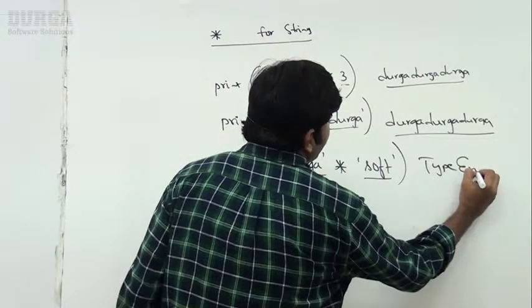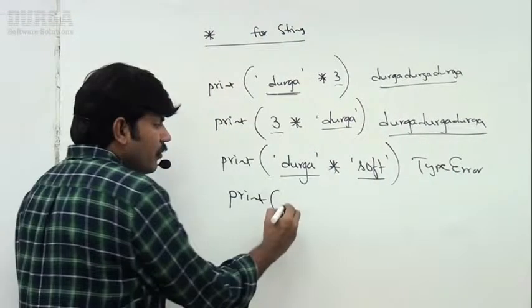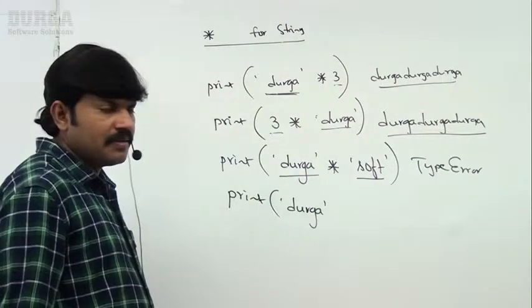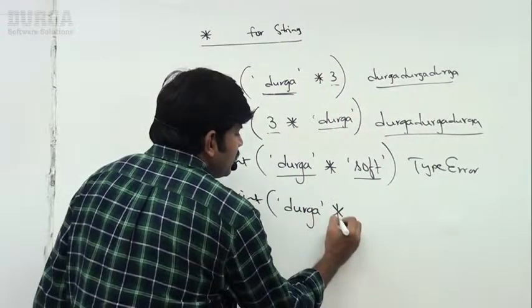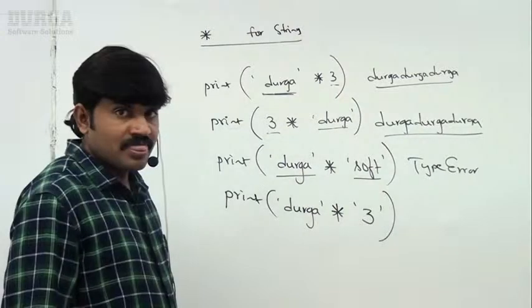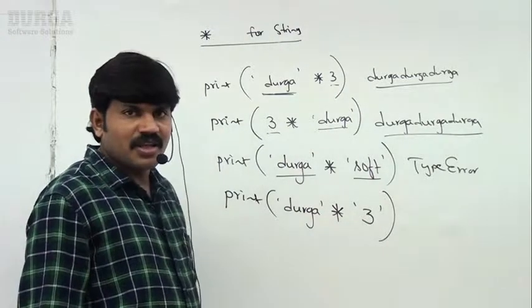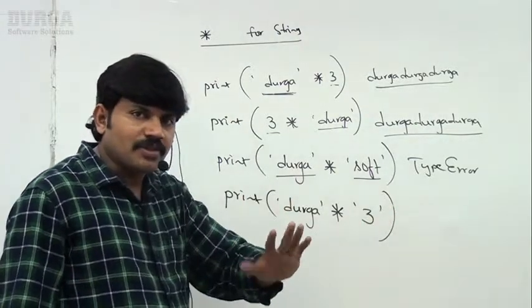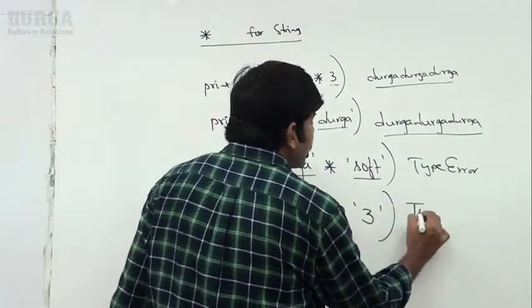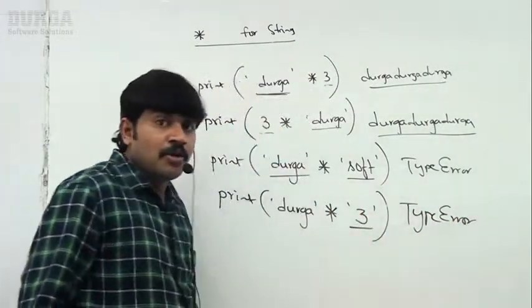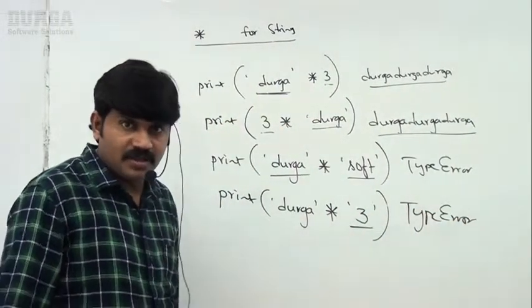Now, very simple: I'm taking "Durga", and my target is 3, but in string form. Acceptable or not? It is a string type, so the Python virtual machine won't accept it. Immediately we are going to get an error. Even though internally it is a number, it's a string basically. That's why it is not allowed.